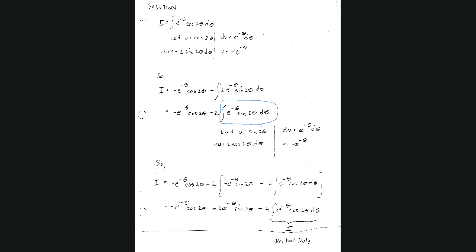So I'm going to use integration by parts again. Here's the integration by parts again. We have negative e to the negative theta times the cosine of 2 theta minus 2 times that integral. So when I do integration by parts on this integral here, I'm going to get that my integral equals negative e to the negative theta times cosine of 2 theta minus 2 times the integration by parts.